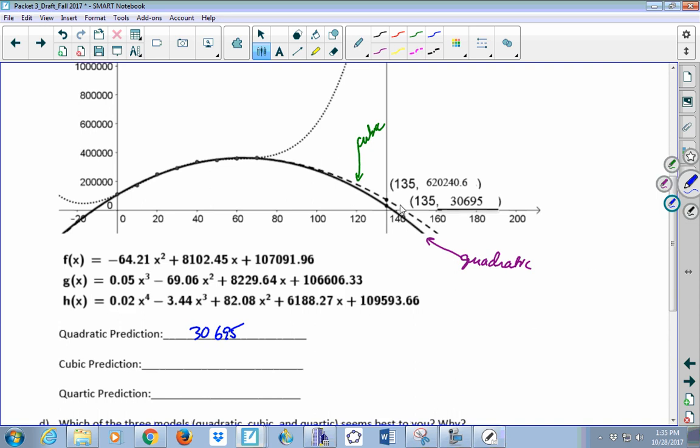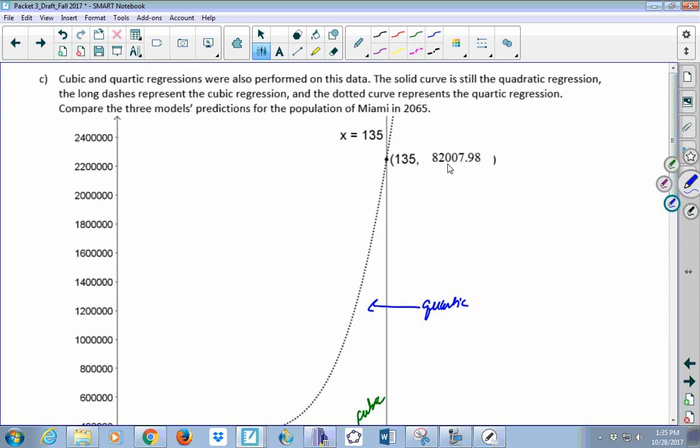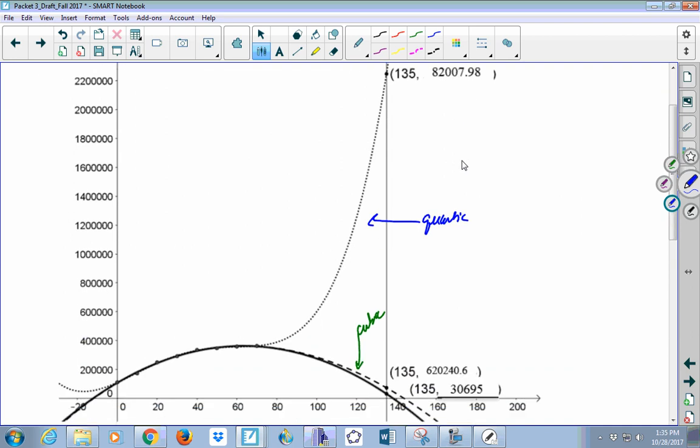With your cubic model, you have 620,240.6. We could call it 241 if we wanted. With the quartic model, whoa, baby, where are we? 82,007.